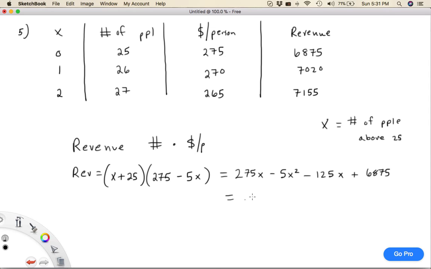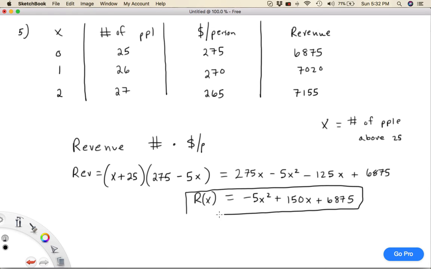Okay, so we get negative 5x squared plus 150x plus 6875. And this is going to be our revenue function in terms of x. So here you go for part B. Here's our revenue function.